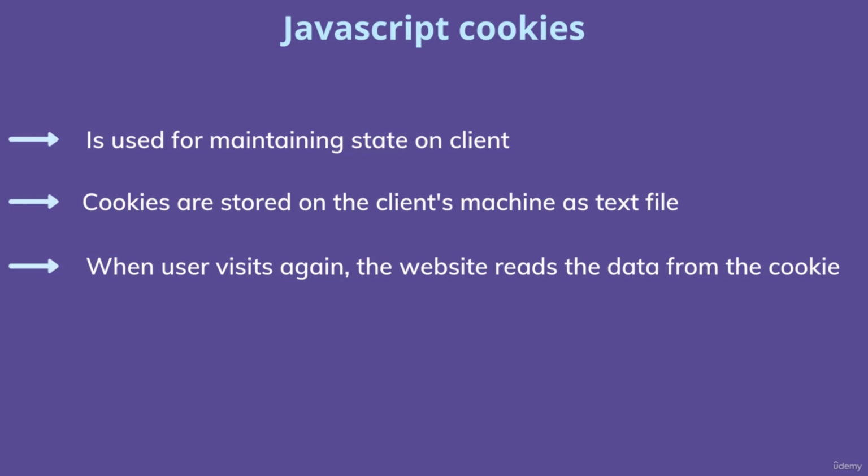So for example, you have requested a web form which came blank, and you entered some values in each text box of that form, and finally you submit the values.